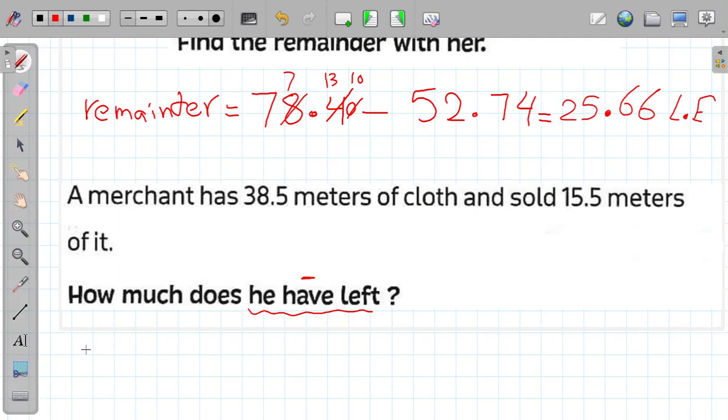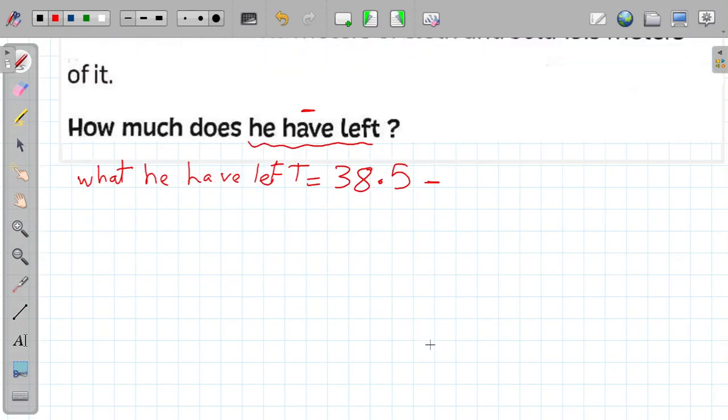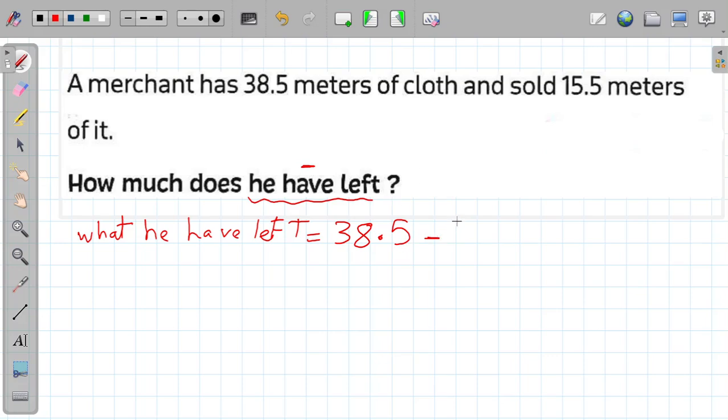So I will say what he has left equals the big number 38.5 minus the small number 15.5.